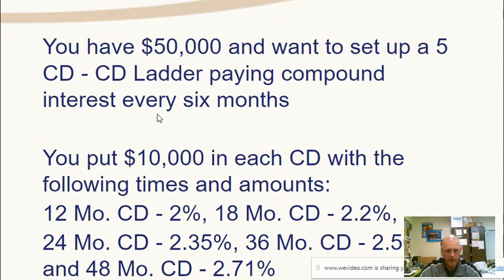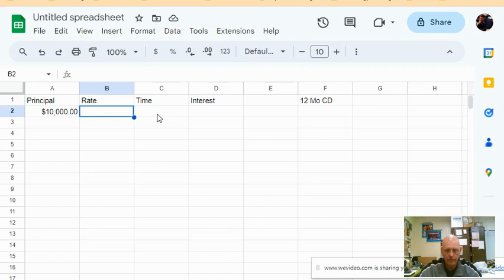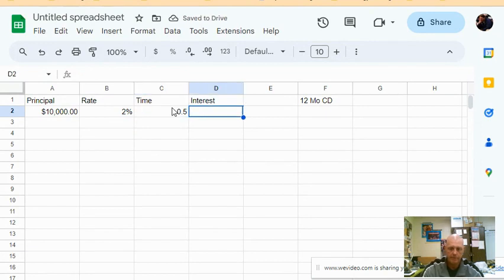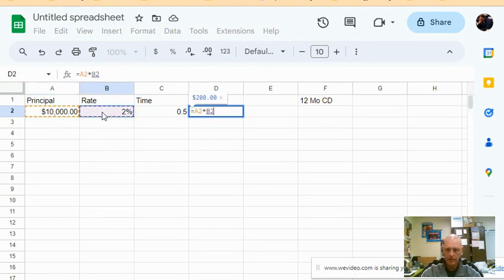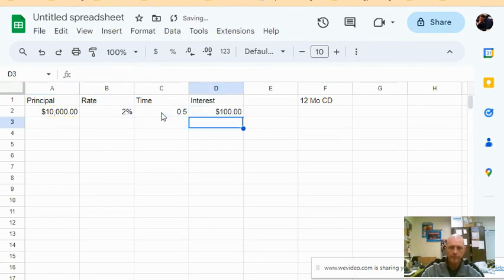My interest rate is 2%. I'm leaving it in there for 6 months. 6 divided by 12, .5, whichever it happens to be. Principal times rate times time.